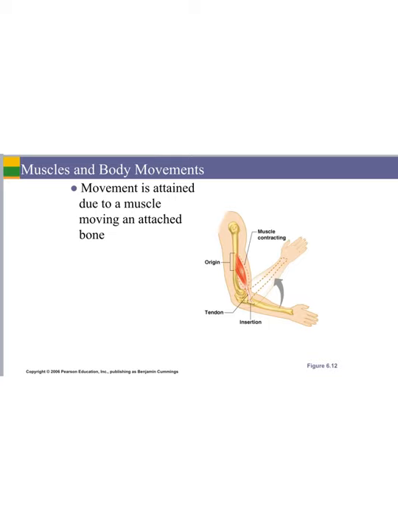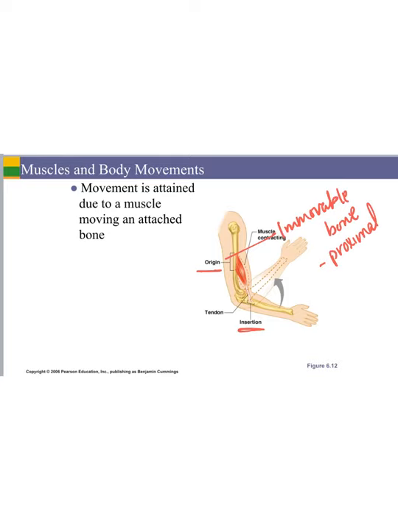And so we call those the origin and the insertion. The origin is the attachment that is on the immovable bone. And this bone is usually more proximal, right, to the joint.